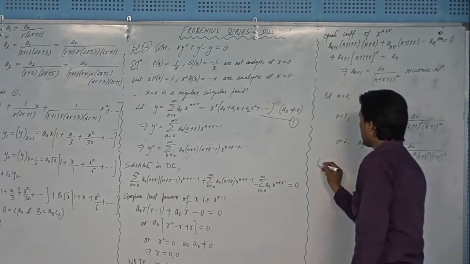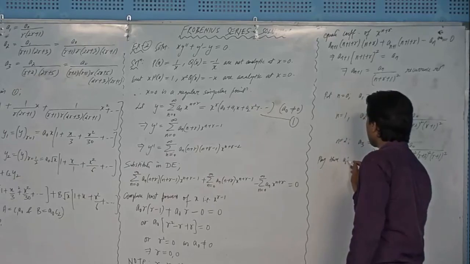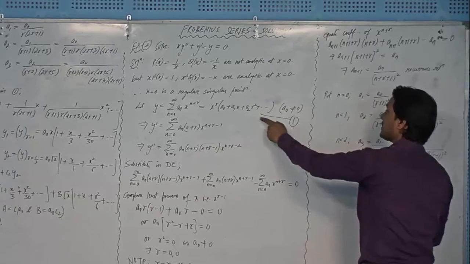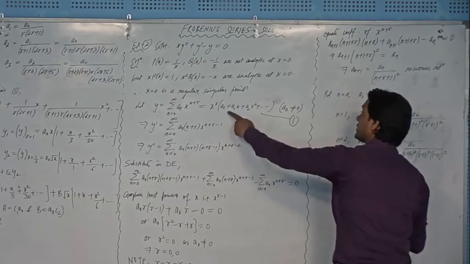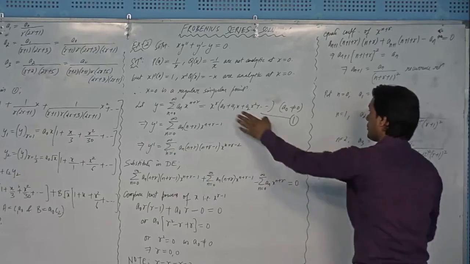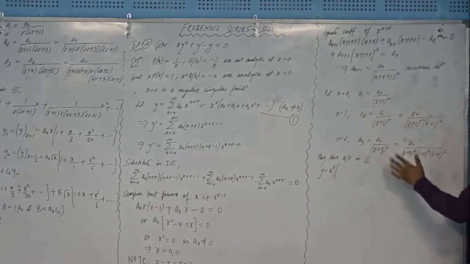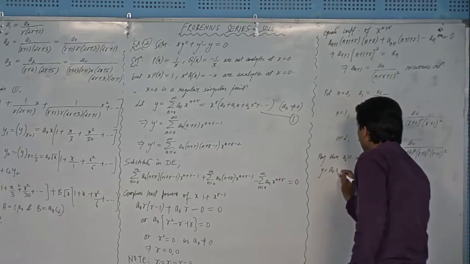Now I will plug these a i's into your solution, equation number 1, in this expanded form. That will give you y is equal to x to the power r outside, and inside you will have a0, and a0 is present in each and every term. I should take that common rather. A0 times x to the power r.